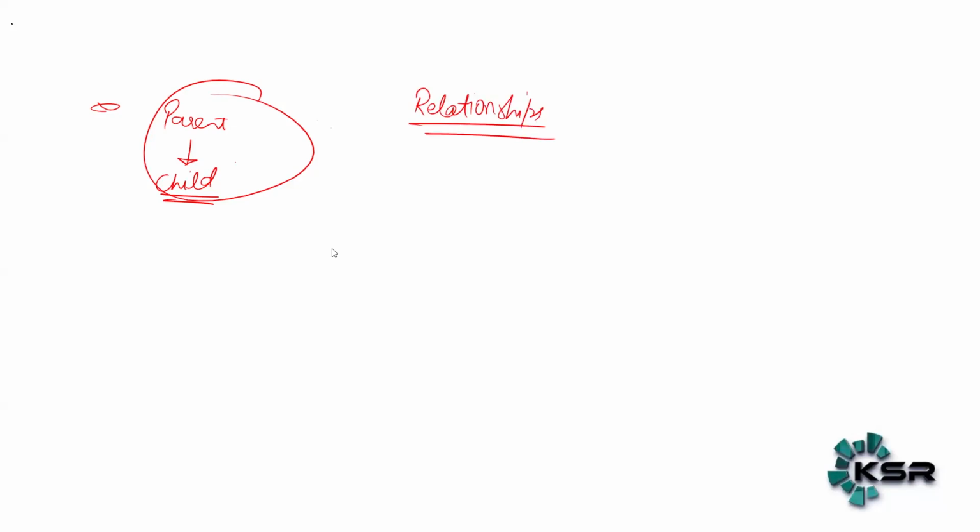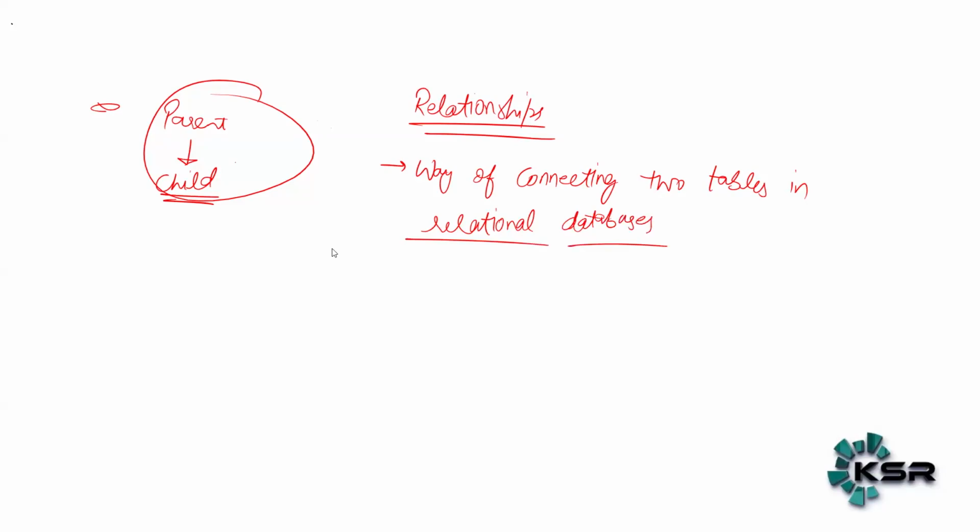Okay, so why are relationships there? If I go into more nuances, it will be too overwhelming for you. So for now, I will say that a relationship is the way of connecting tables in relational databases. Now you must be wondering what relational databases are.